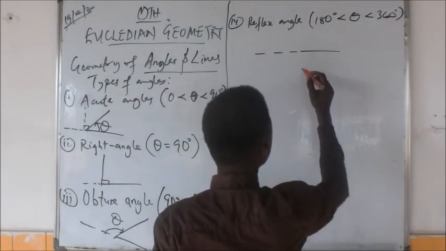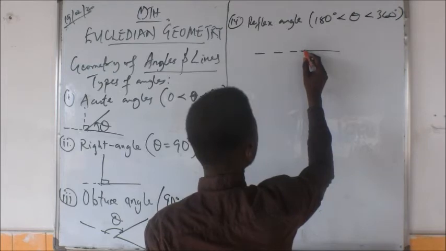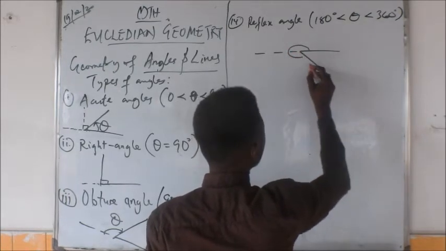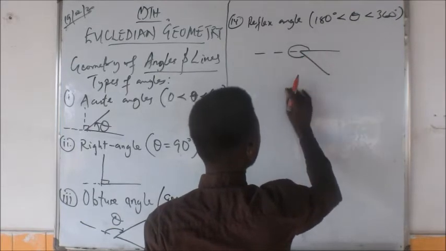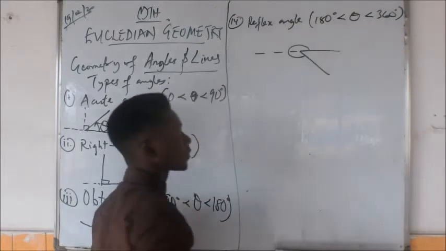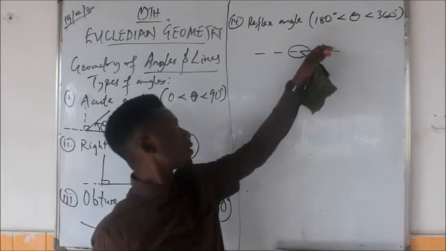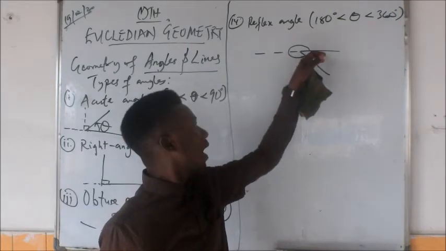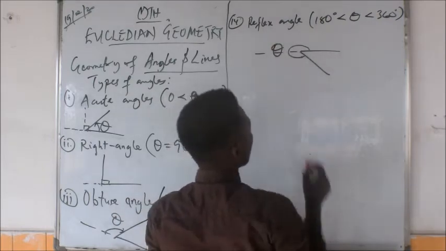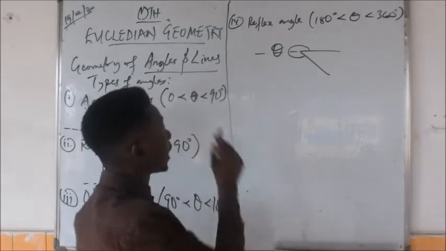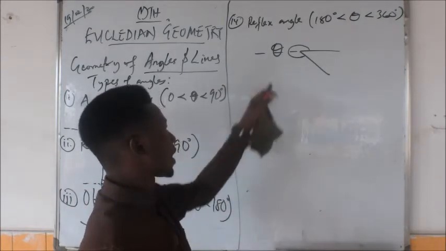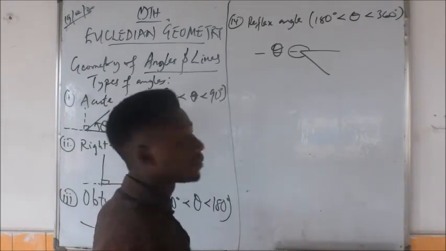Now, if you have an angle like this, more than your 180, it has passed the straight line. So such an angle is reflex. So this is a reflex angle. Okay? So this is an example of a reflex angle.